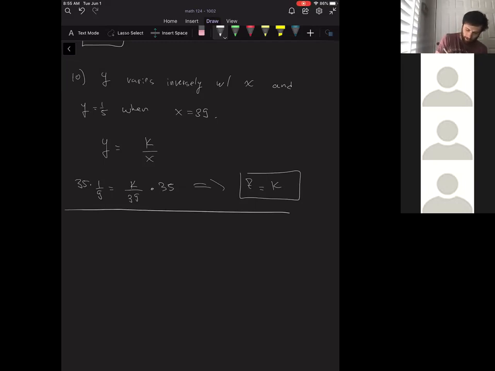So number 25. What we want to do here is basically add on to the previous definition. What does it mean to vary directly with x or inversely with x?